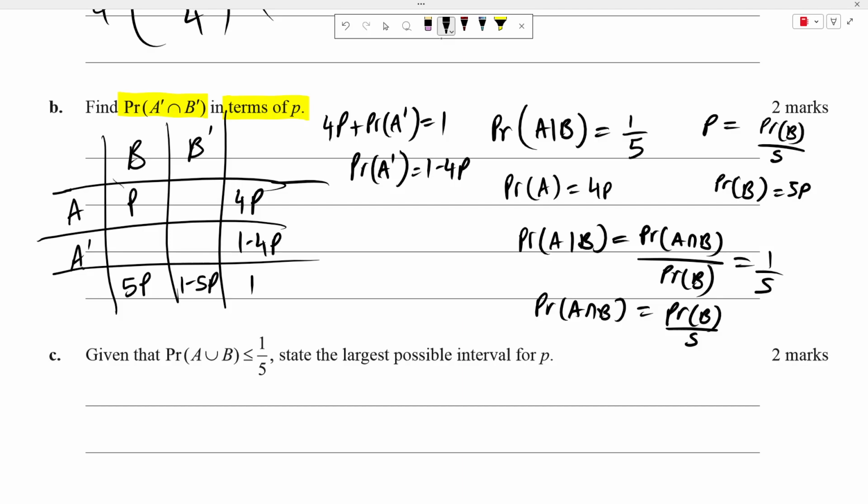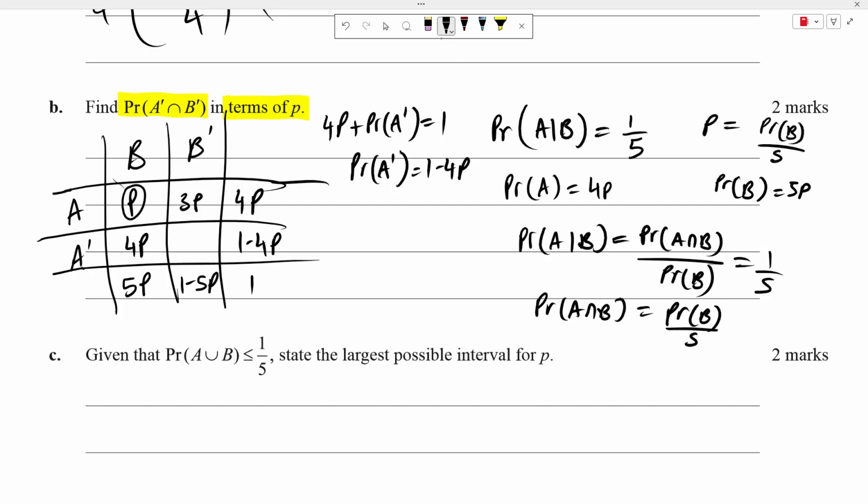Now P plus the probability of A intersection B complement has to equal 4p. So basically, P plus whatever is in this box has to equal 4p. So we know that this box has to be 3p. Now P plus whatever's in this box has to equal 5p. So this box has to be 4p.